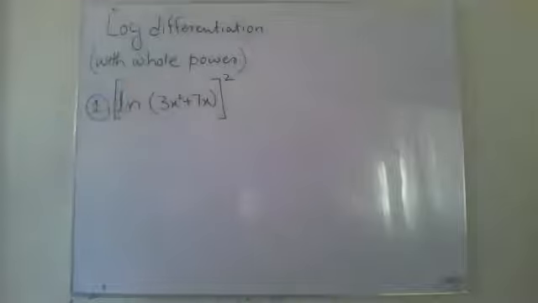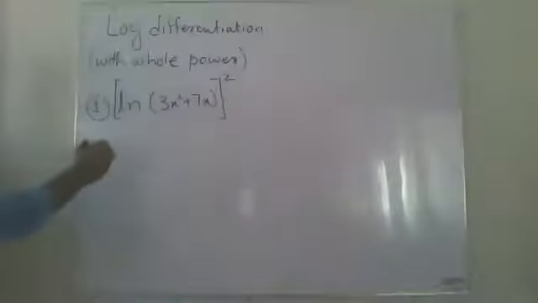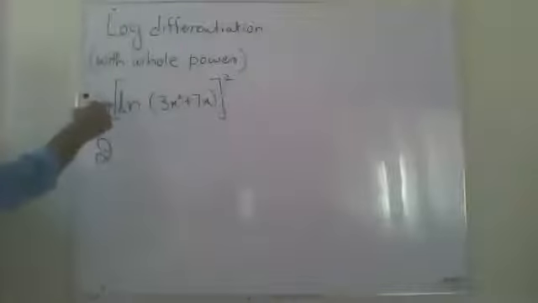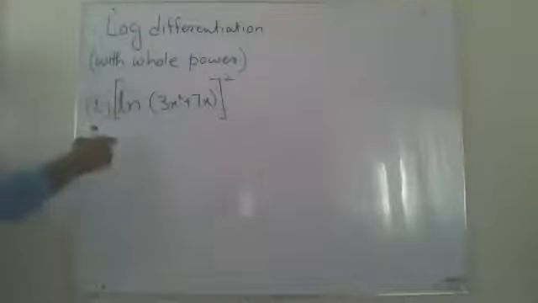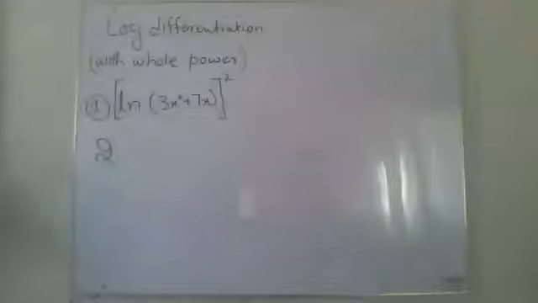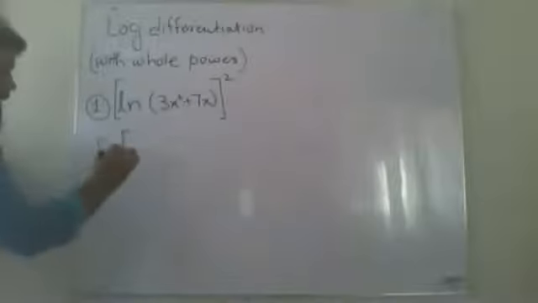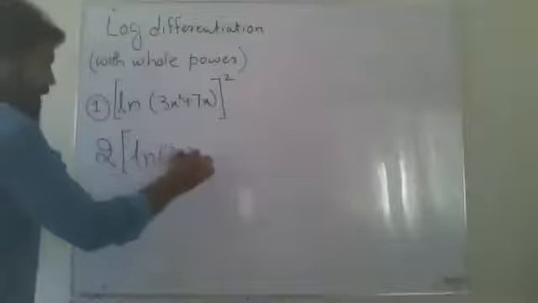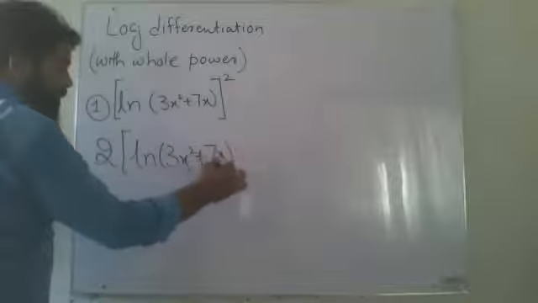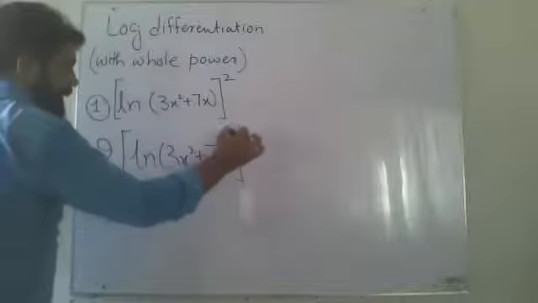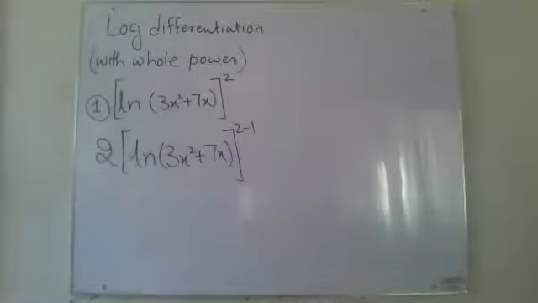So whenever it is whole power, the first thing will be that you will differentiate the whole power, and by differentiating whole power I mean writing the whole power as a multiple of the coefficient of the bracket. If nothing is over there, it means it is 1. And then reducing the whole power by 1 without bringing any change inside the bracket.